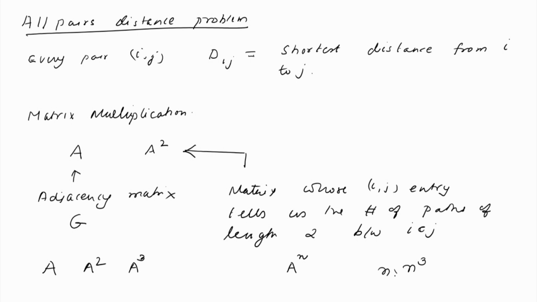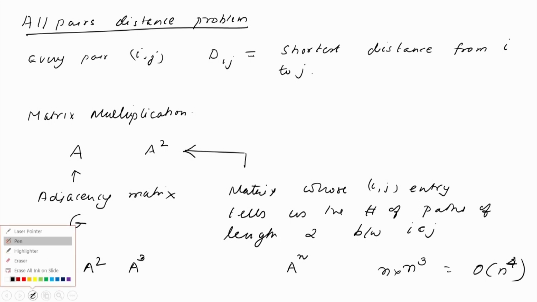So, n into n cube, it is much more than cubic. The question here is, since there is some relation to matrix multiplication, can we use matrix multiplication without doing all these calculations and still come up with the all pairs shortest distances? Okay. So, we will do that.